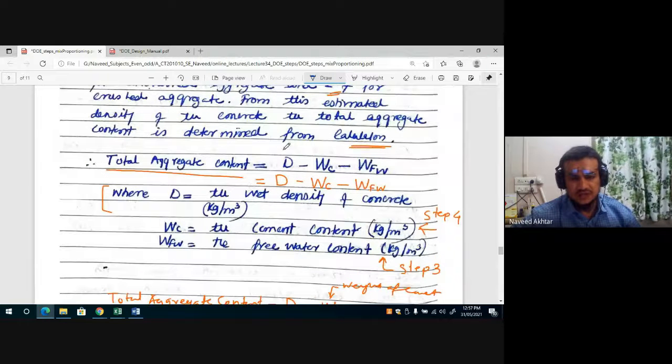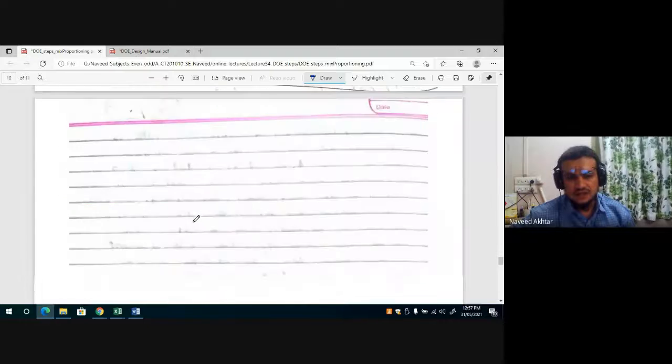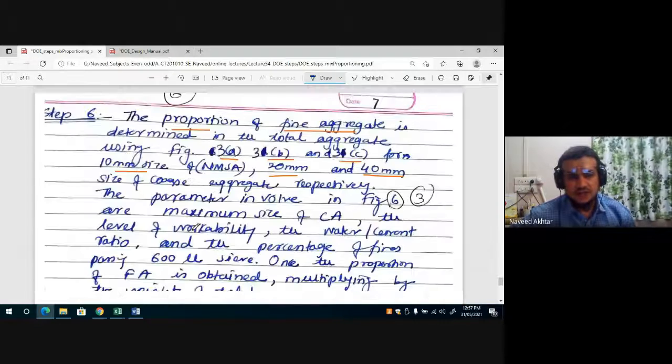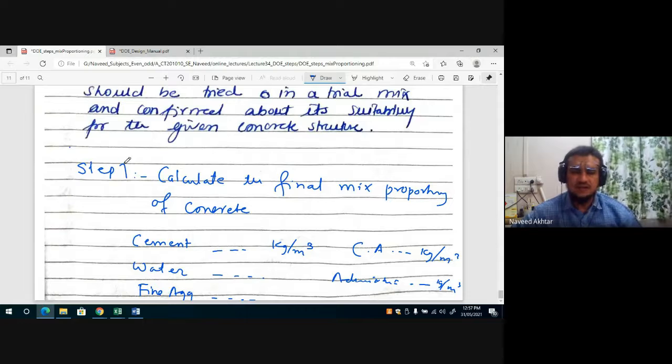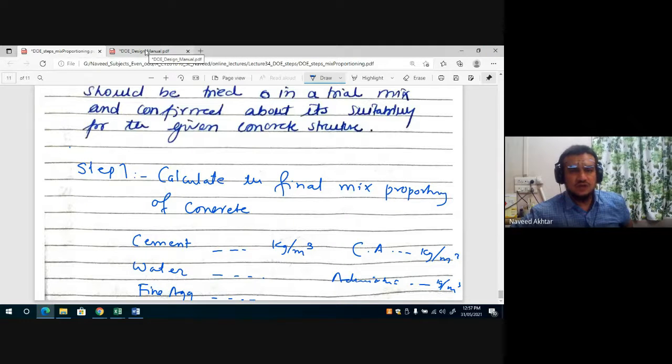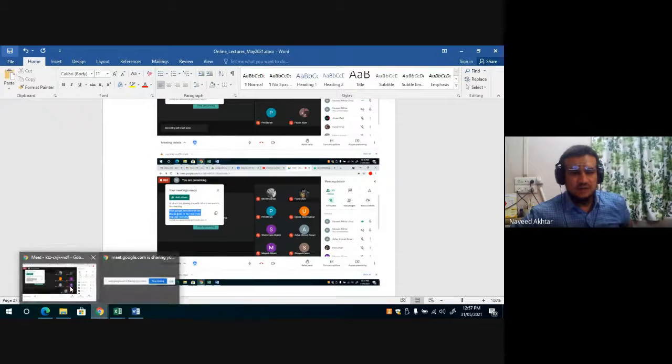If you subtract the cement content and water content from the density of concrete, you will get the total aggregate content. Then you can find out the fine aggregate fraction and coarse aggregate, and then the final quantity of trial mix in step number 7. These are the steps for the mix proportioning of your concrete using the DOE method, that is the Department of Environment method.